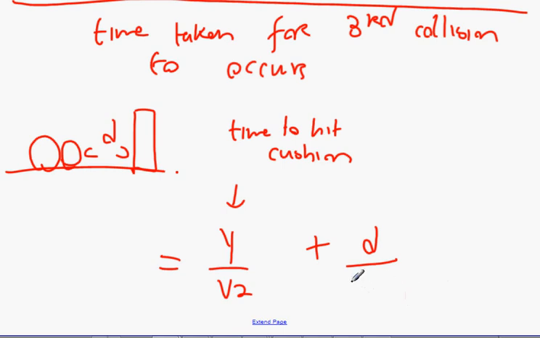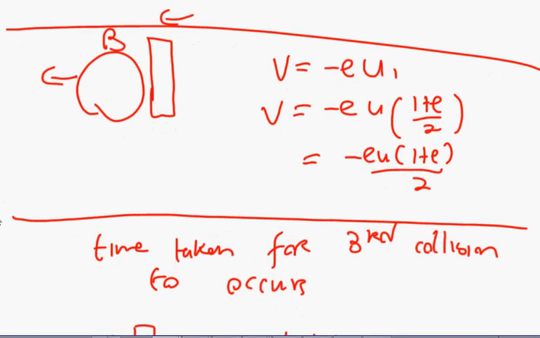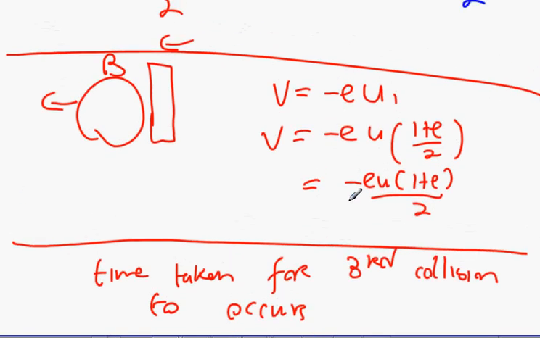Now, do you notice that I don't care if it's positive or negative? I'm just more concerned about the speed. So more rebound speed than anything. Now, what's the rebound speed again? We got it a second ago. eu1 plus e all over 2. Don't mind the minus though, it's a distance time question.